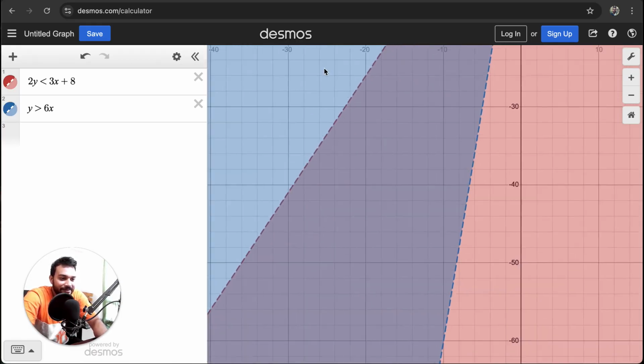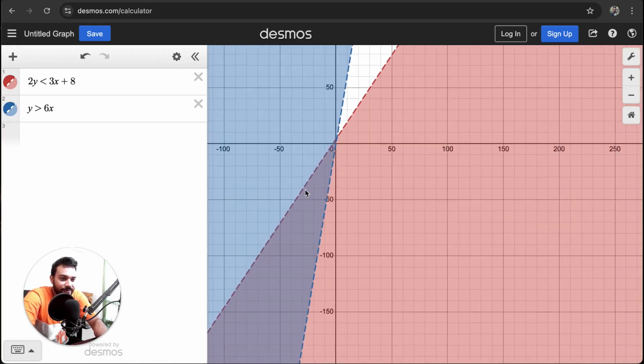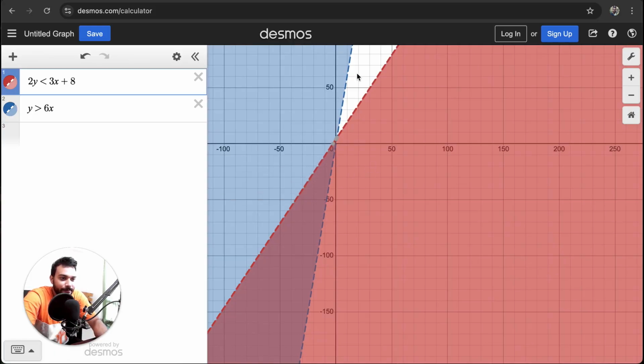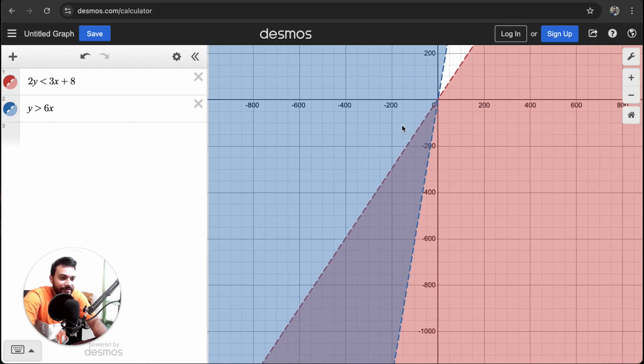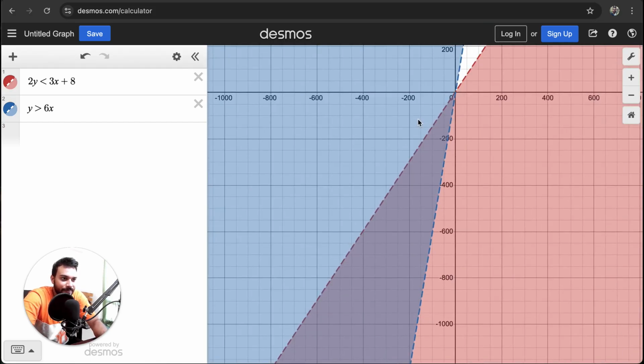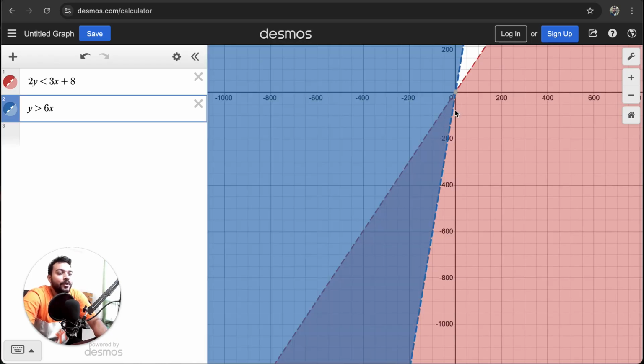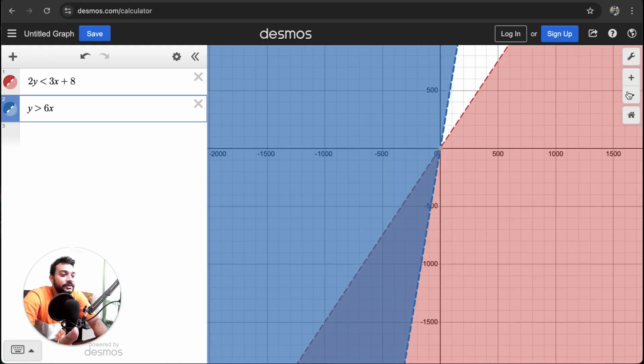Till where is this satisfied? Okay, so you can drag it to see till where this is getting satisfied. Basically it's getting satisfied for all x less than 0.889. You can check that by further zooming out.